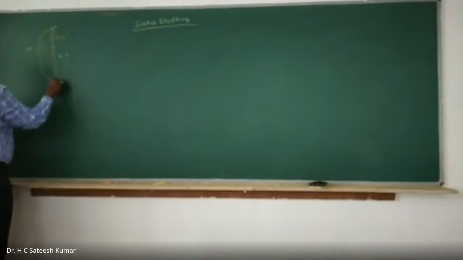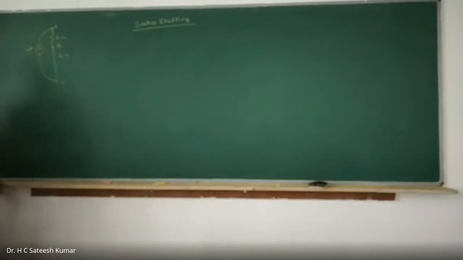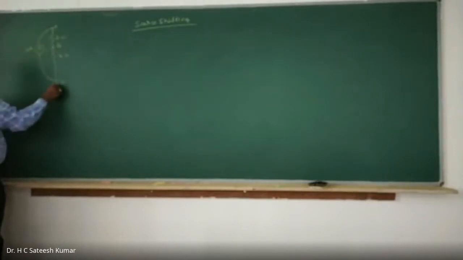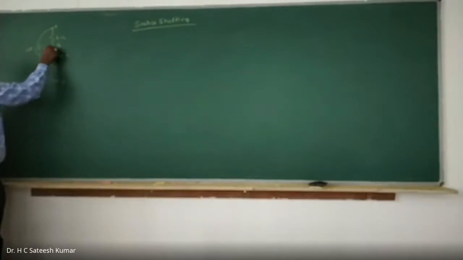This is A, this is B, this is C. Now see the KCL, how exactly it will be. At point A, current 10 amps is entering. At node C, current 10 amps is leaving. And at B, no current entering or leaving, the net is 0.